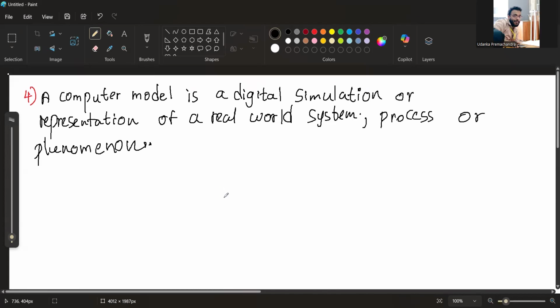It can be mathematical formulas, can be algorithms or something like that. Okay, you can write.